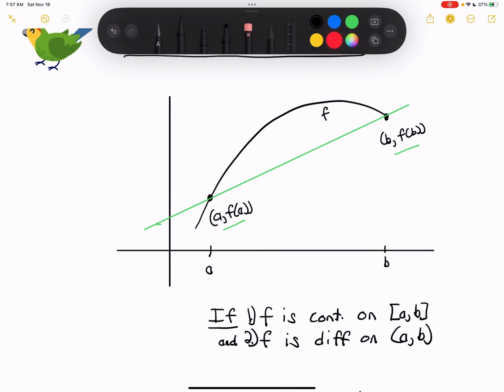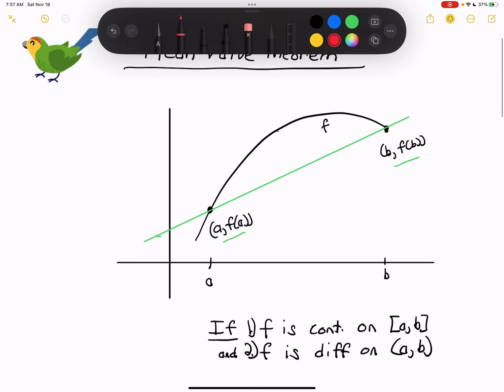So if I can find somewhere on this function f where a tangent line would have the same slope as the secant line connecting a, f of a, and b, f of b, well, I know it must exist, and I know that that point must be between a and b.